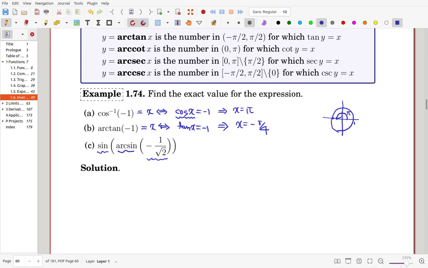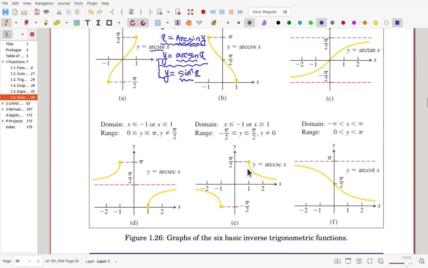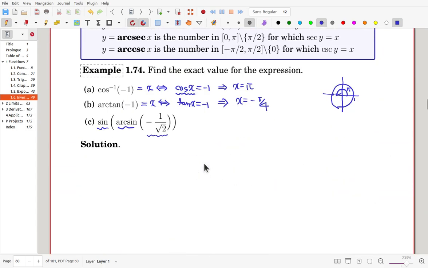Is it inside? Yes, arcsine admits values from -1 to 1, and this value is between -1 to 1, so now you can simply cancel out, so the value is 1 over square root of 2.